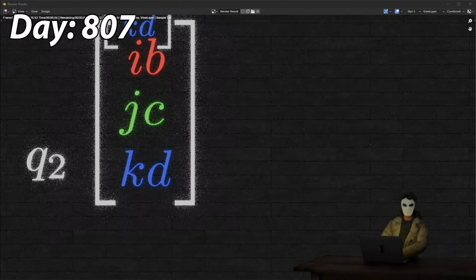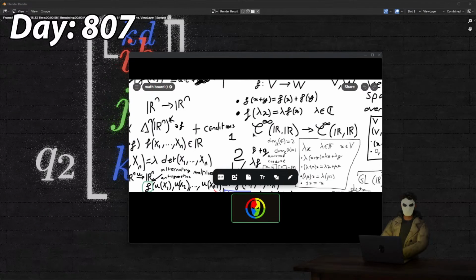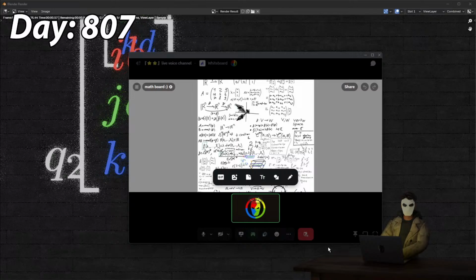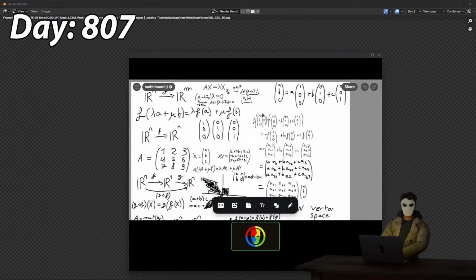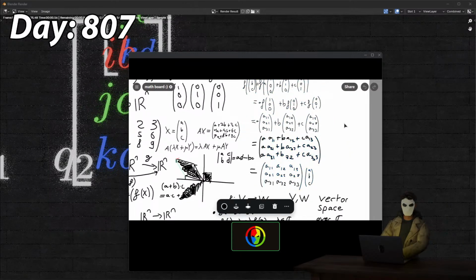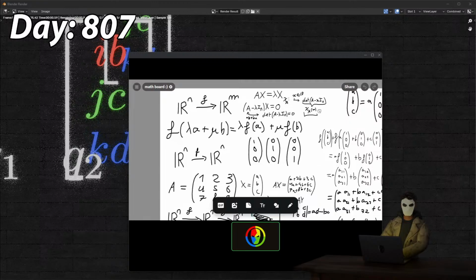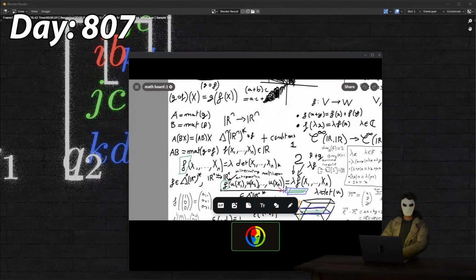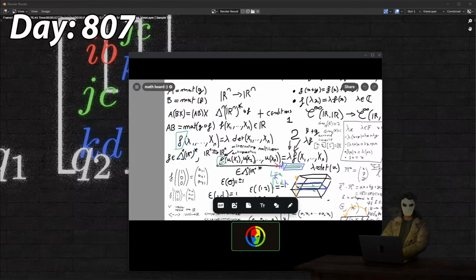To be fair, this whiteboard has been filled in a bit by other things as well, but basically this whiteboard started by Reblax trying to explain determinants to me, and you can see when we started with just basic linear algebra, and then moving forward and forward with this stuff.